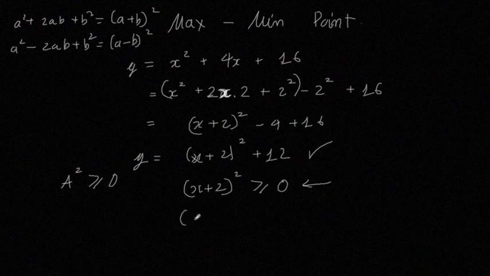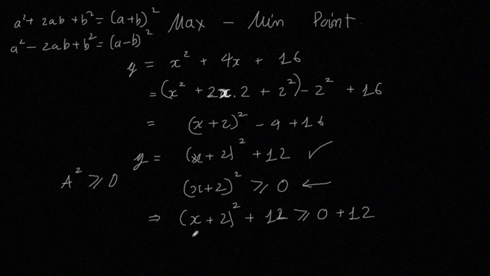So I will add 12 to both sides of the first inequality. We have 0 plus 12, and I can simplify the left side as y, and the right-hand side of the inequality will be 12.